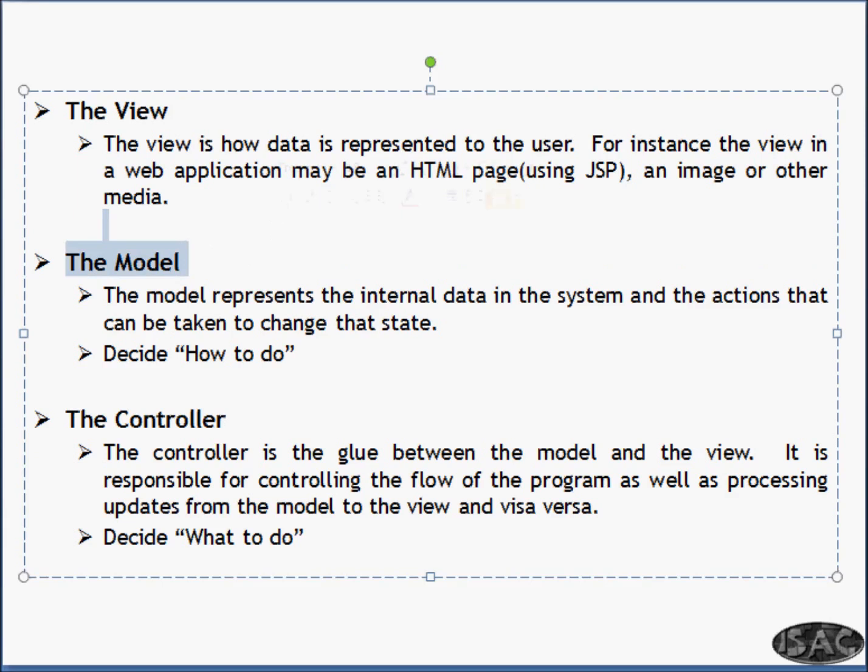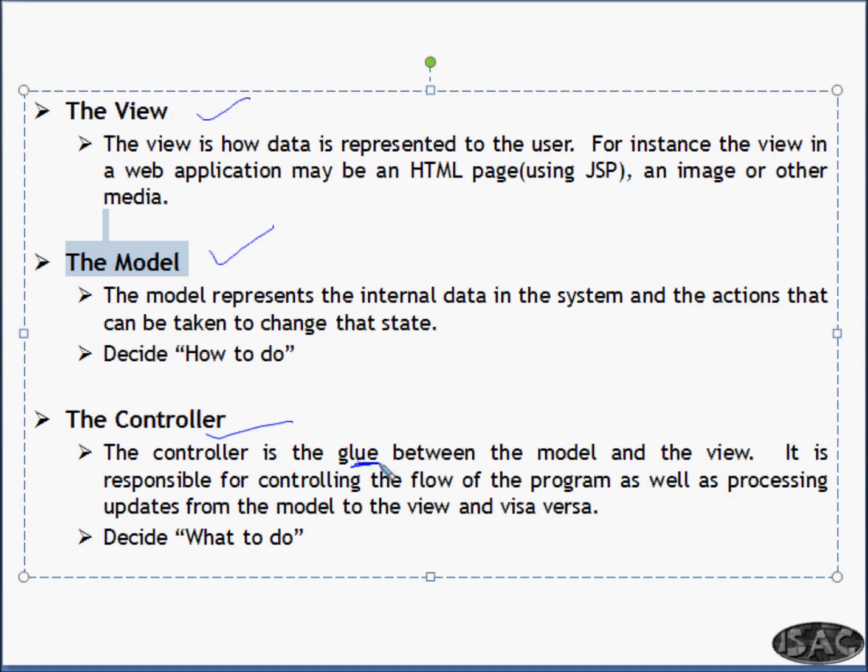Model view controller. What is a controller? It decides what to do. It takes care of all the flow of data, request, response. The controller is the glue between the model and view. Look at here. It's working as a glue between the model and the view.